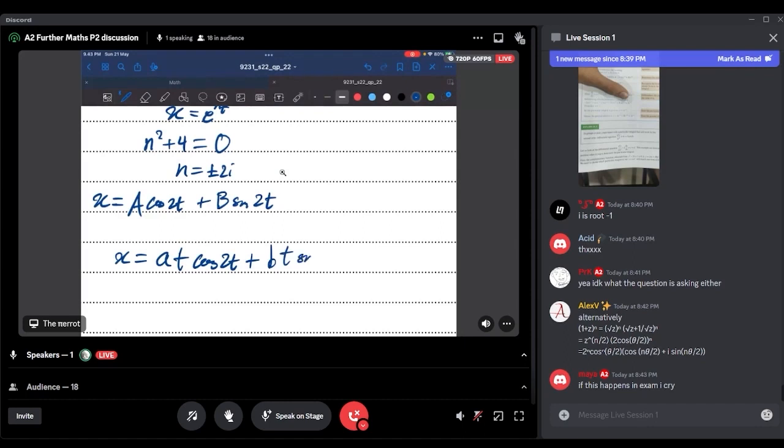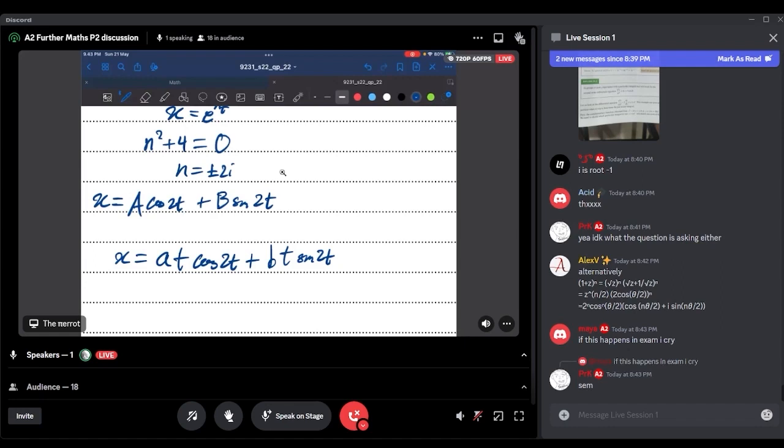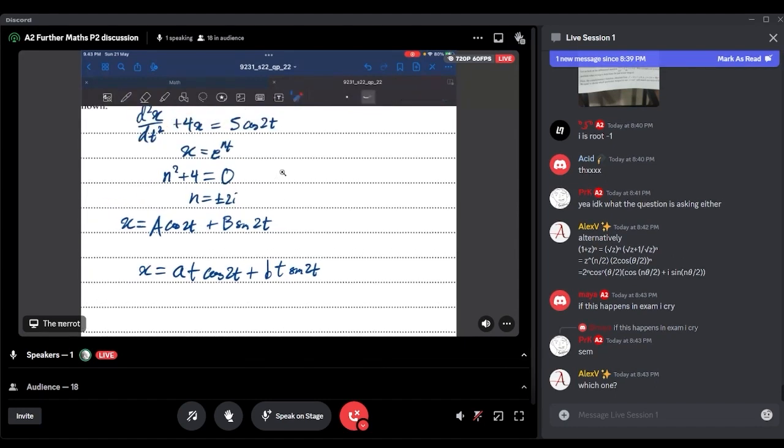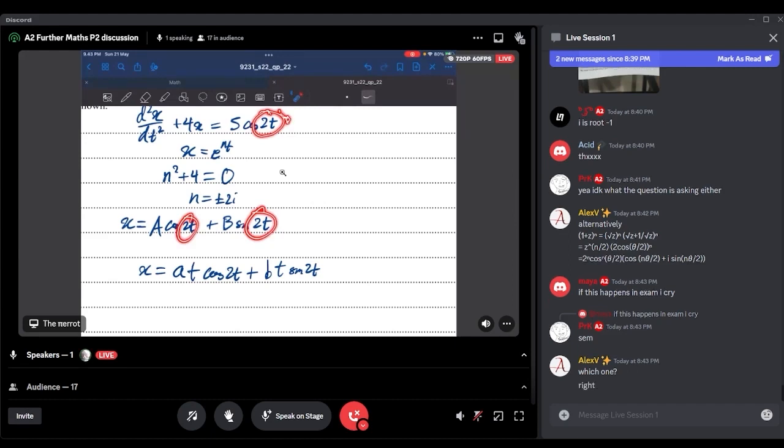When you have the same frequency here, all of these are 2t, as in the homogeneous solution, the same frequency in the cosine and sine. So for the particular solution, you just have to multiply by t, right? I kind of forgot, but I think that should be like that.